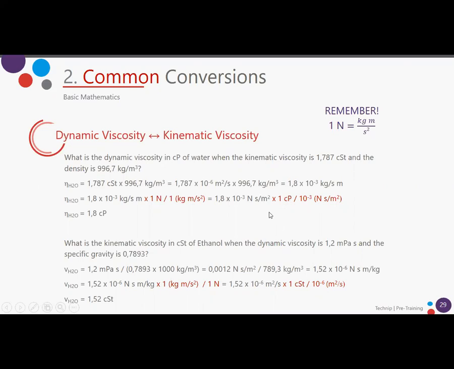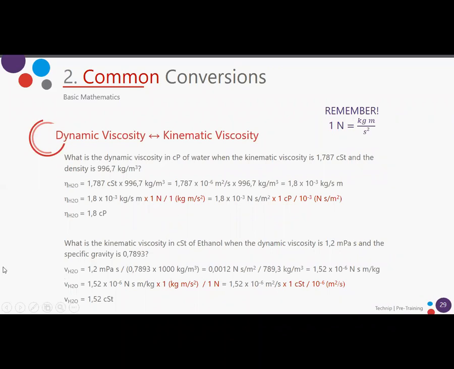And now the last conversion step, I want to convert to centipoise. And again, I know that 1 centipoise is 10 to the power of minus 3 Newton seconds per square meter. And at the end, what I will get is that my dynamic viscosity of water is 1.8 centipoise.